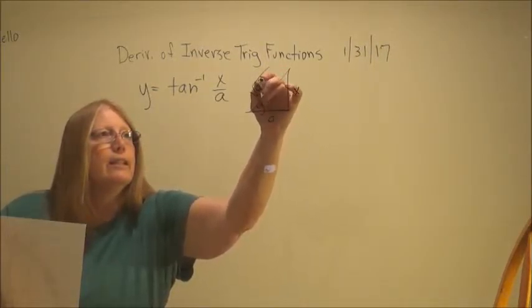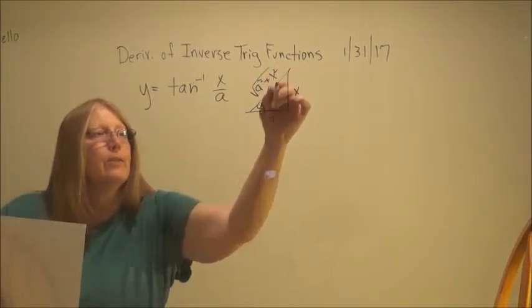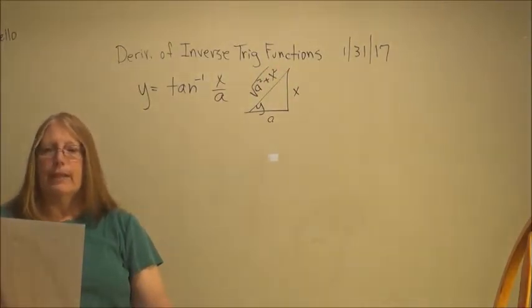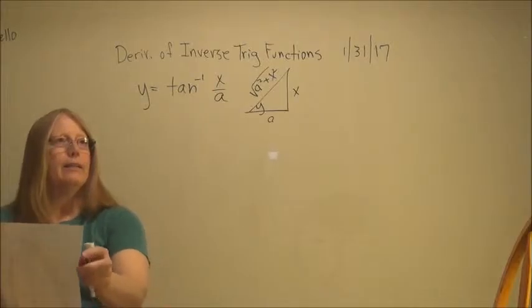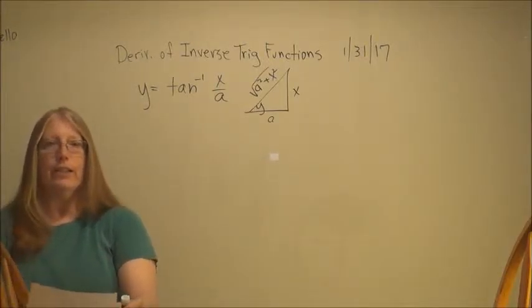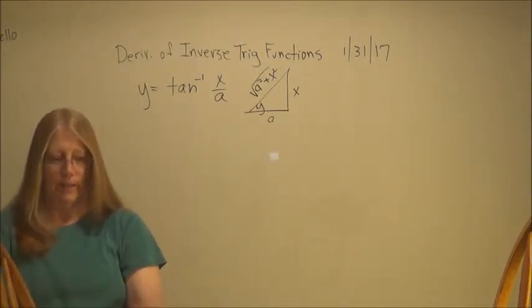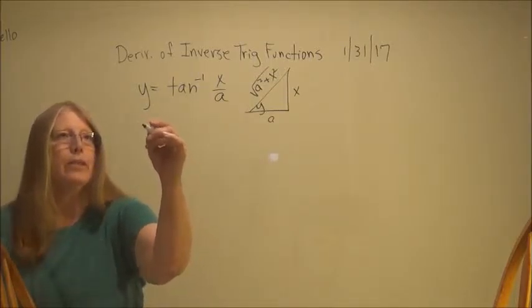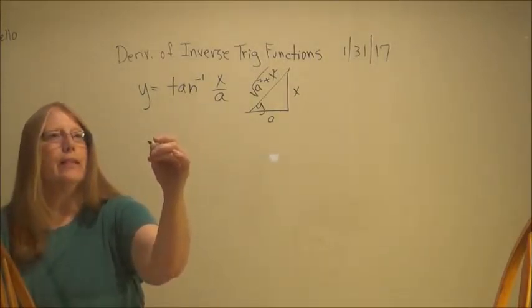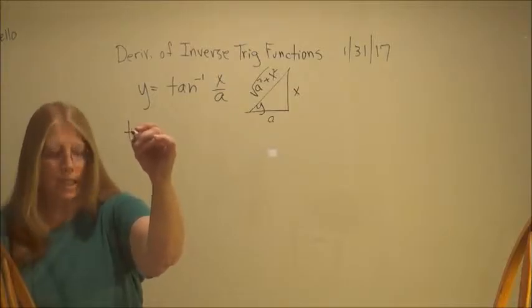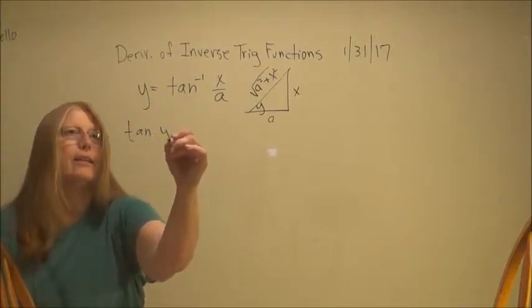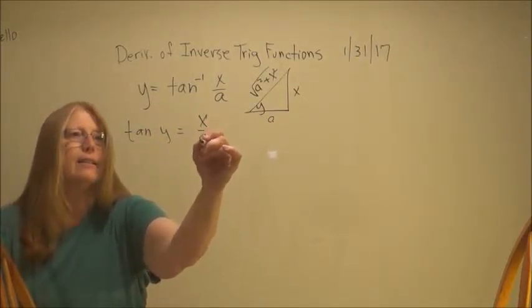Calculating this, I get the hypotenuse, the square root of a squared plus x squared. All right, so with that, I'll do what I just did with the sine function, and write this in a more meaningful way: tangent of y equals x over a.